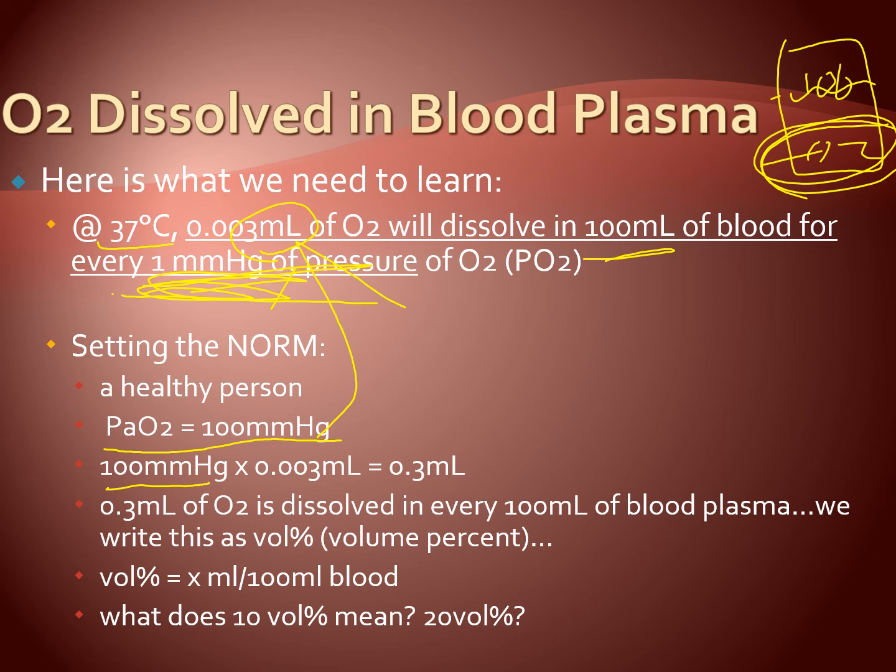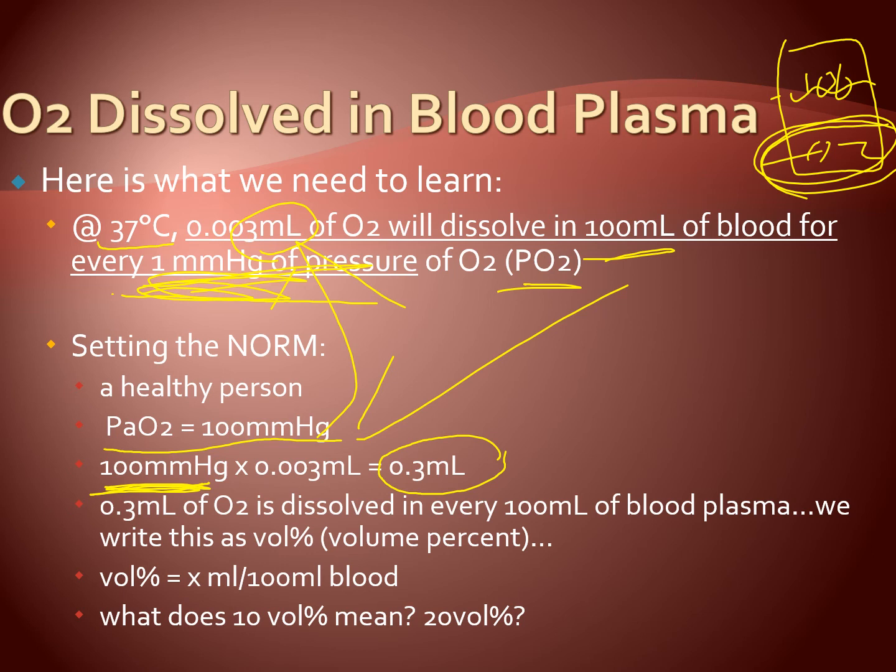So therefore, to turn this pressure of oxygen into a volume, I need to multiply my pressure times the conversion, 0.003. So if I have a patient that's perfectly healthy and I draw a 100 ml sample of their blood, and their PaO2 is 100 millimeters of mercury, then out of that 100 ml container, only 0.3 mLs, so not even a full milliliter, will be carried in the plasma.